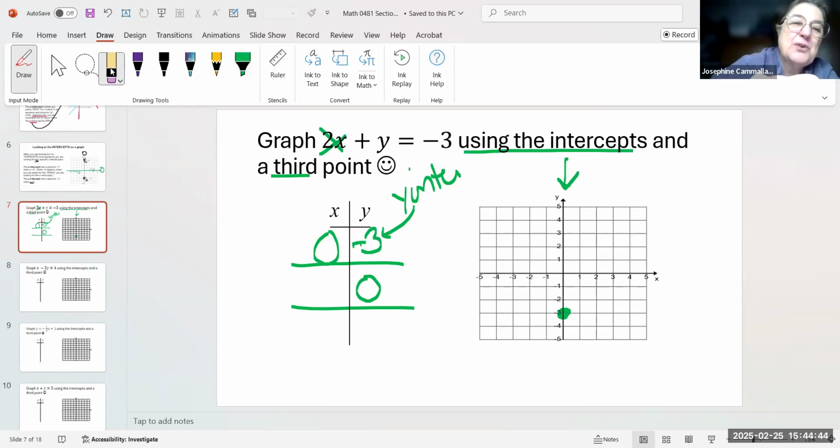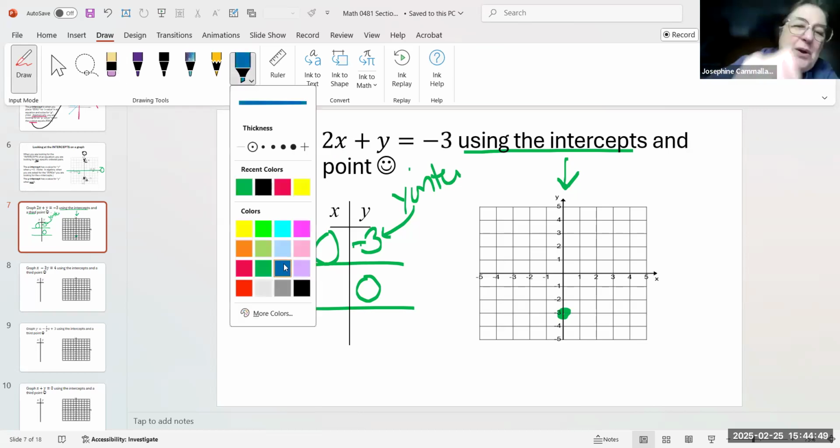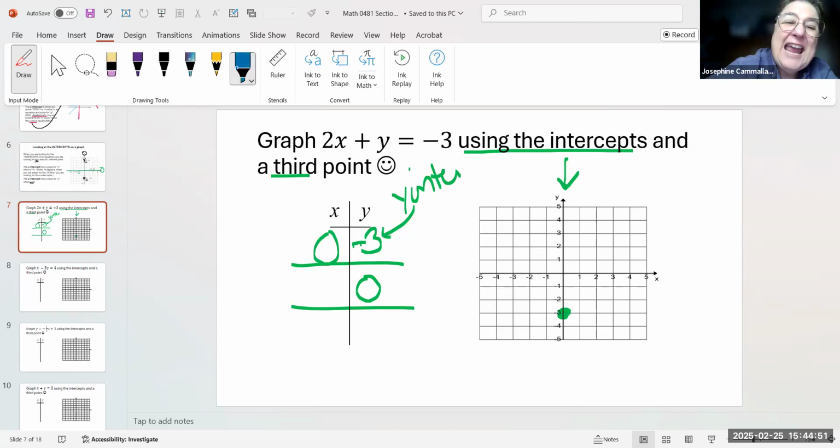Now let's go backwards. I now have y as 0. This is going to require a little bit more. I want to solve for x, which means I'm going to get -3/2.